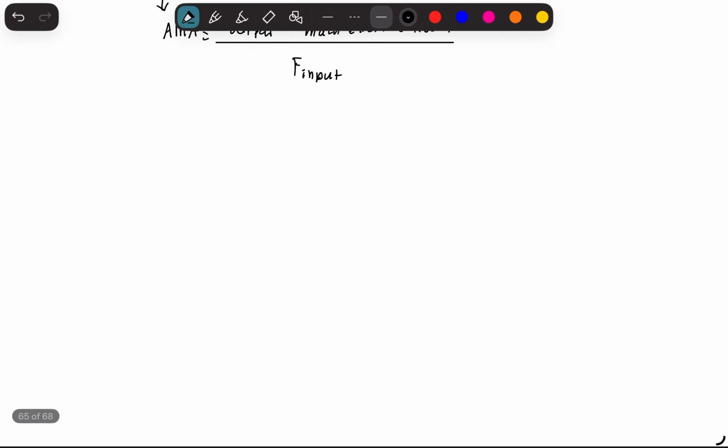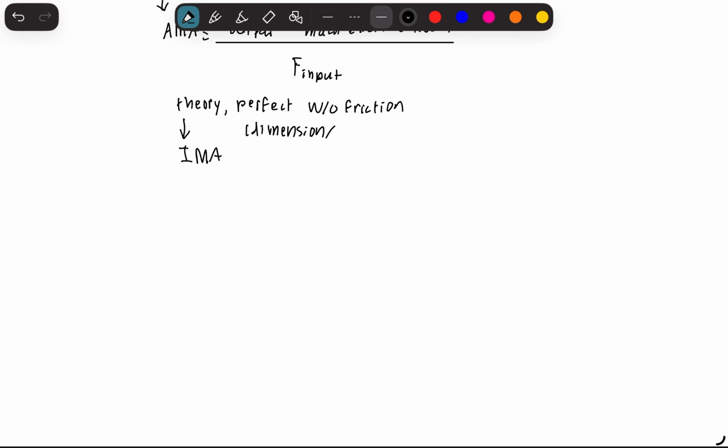So after this, we can also talk about ideal mechanical advantage. Ideal mechanical advantage is going to be when you have the theory of an ideal perfect machine without friction. So this is determined by the dimensions and geometry of the machine. So for example, that's when you have a theory of how something would work if it was absolutely perfect, like a perfect seesaw.